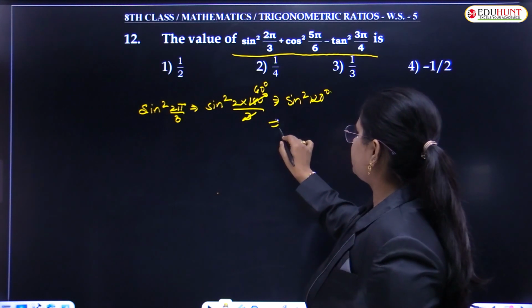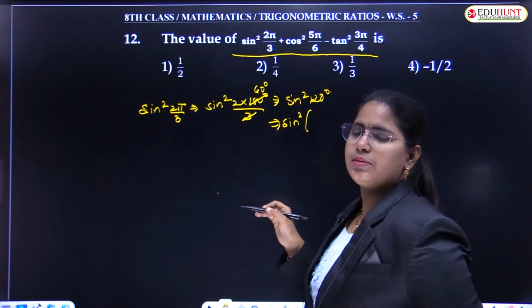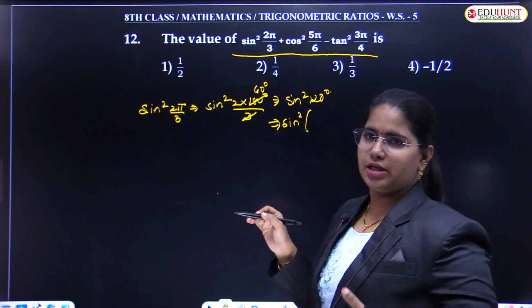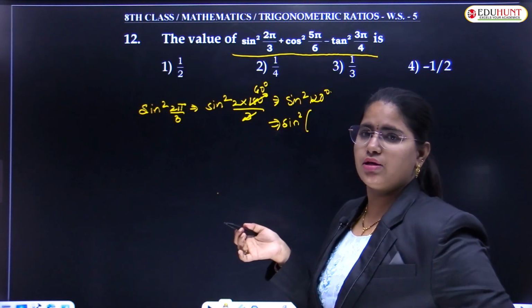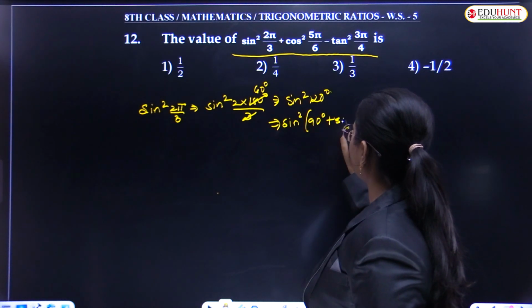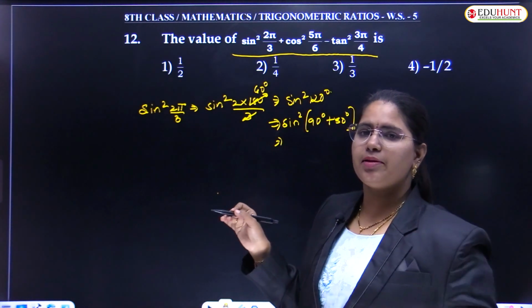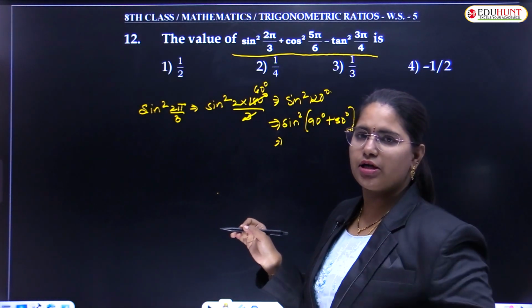Let's find out the sin 120 value. How can I find sin 120? The nearest angle is 90 or 180; you can take anything you want. If it is 90 degrees plus 30 degrees, sin of 90 plus theta belongs to the second quadrant.